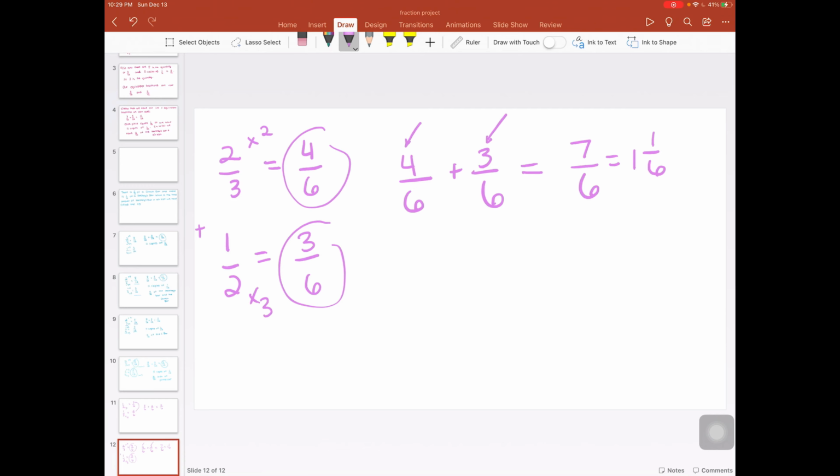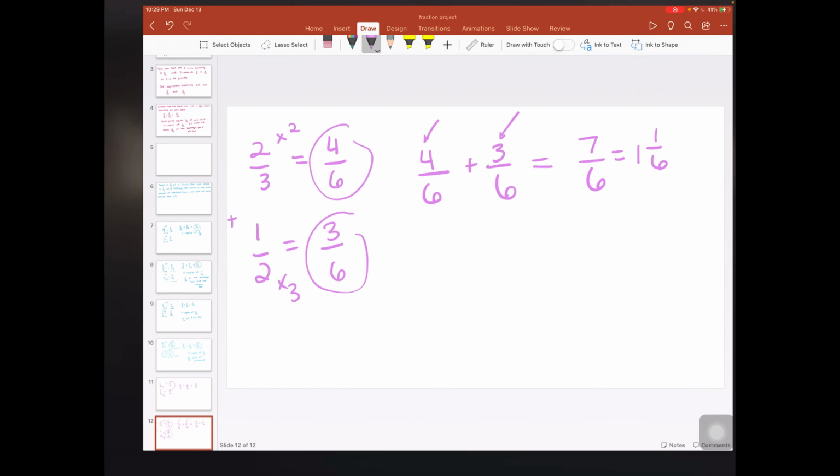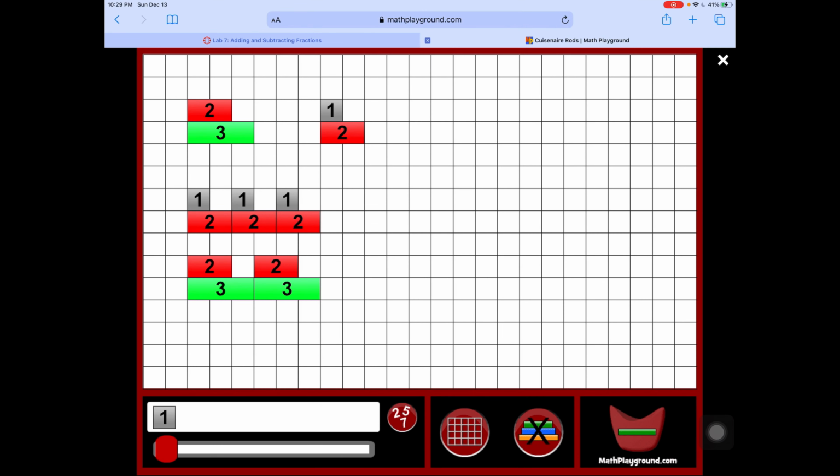So using Cuisenaire rods, this is what it would look like. So first let's show our equivalent fractions. So we have 3/6 right here. We have 3 copies of 1/2, which gives us the equivalent fraction of 3/6.